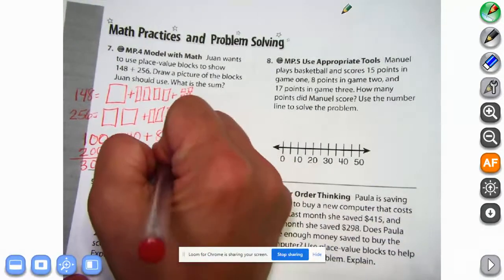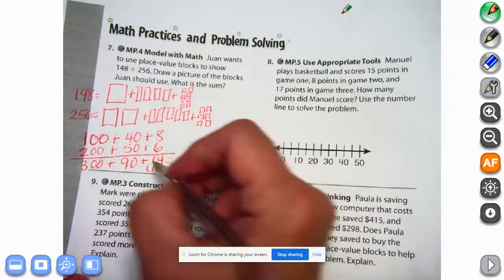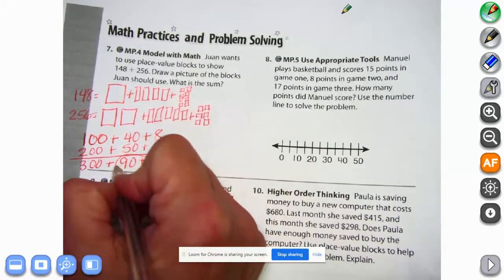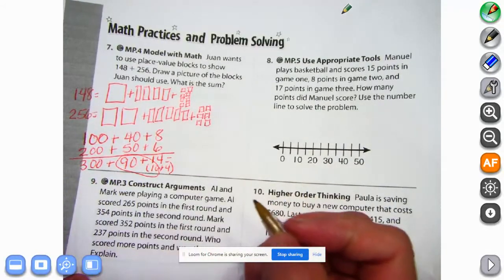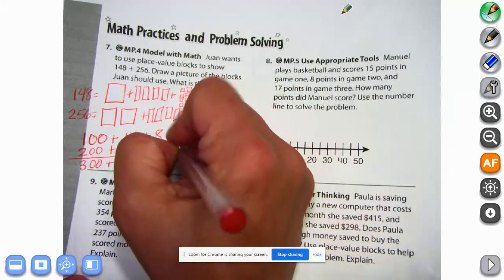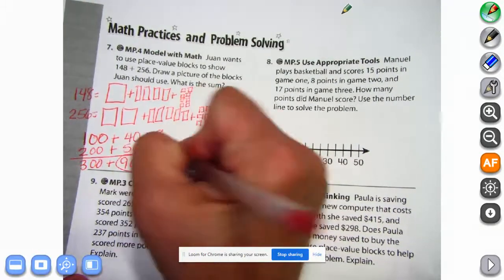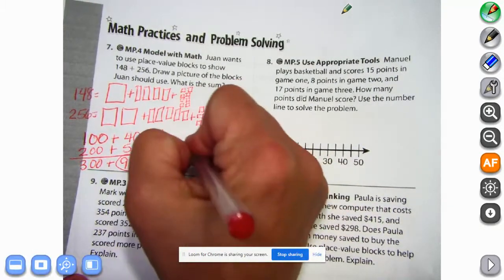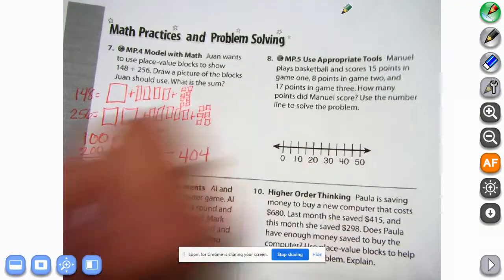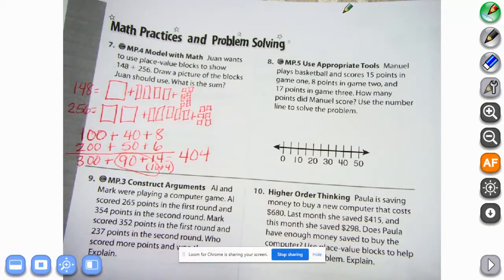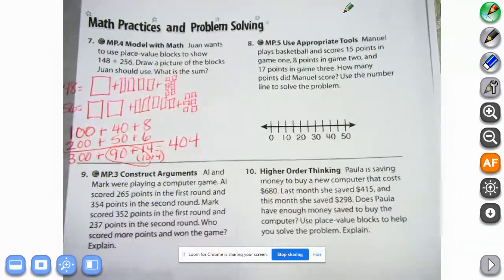So we're going to add these across. 300, then we have the 90 and the 10. That makes another 100. So 300 plus 100 is 404. Okay, make sure you pause if you need time to write.